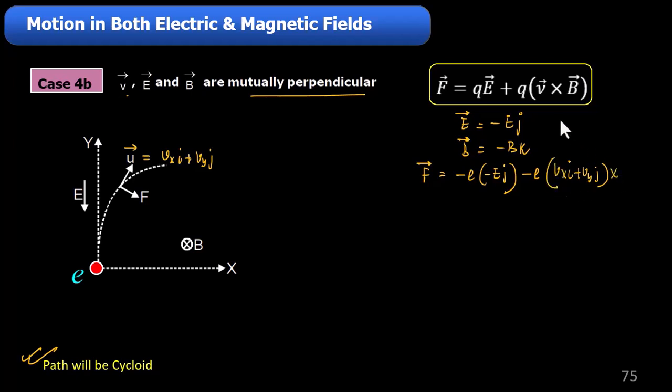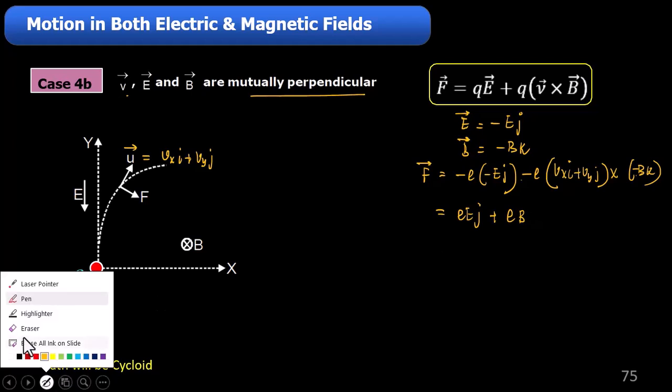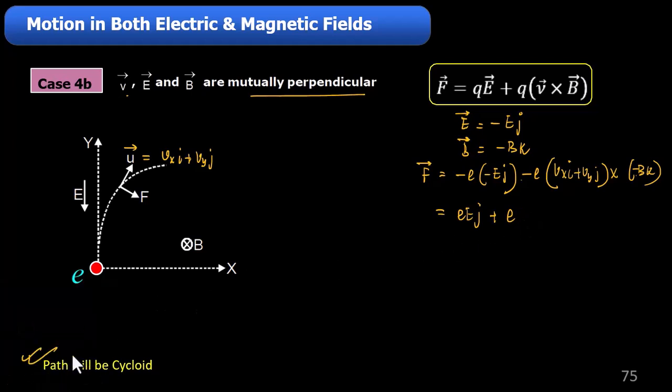Cross B. B is minus B k. So this minus and that minus become positive. Ultimately it becomes e into E j plus e into B times Vx i plus Vy j cross k.